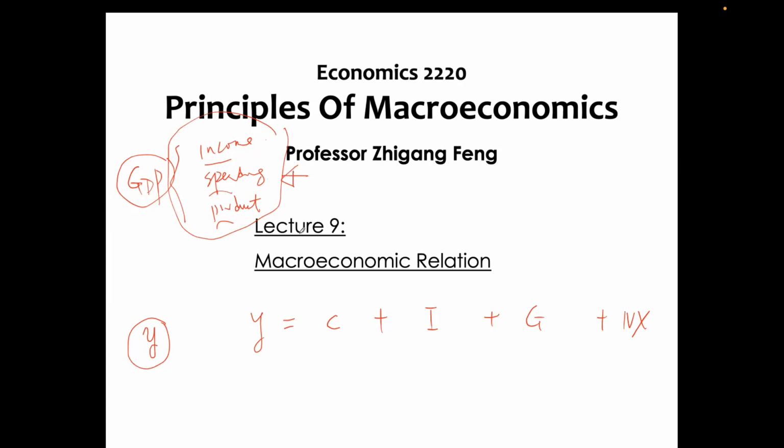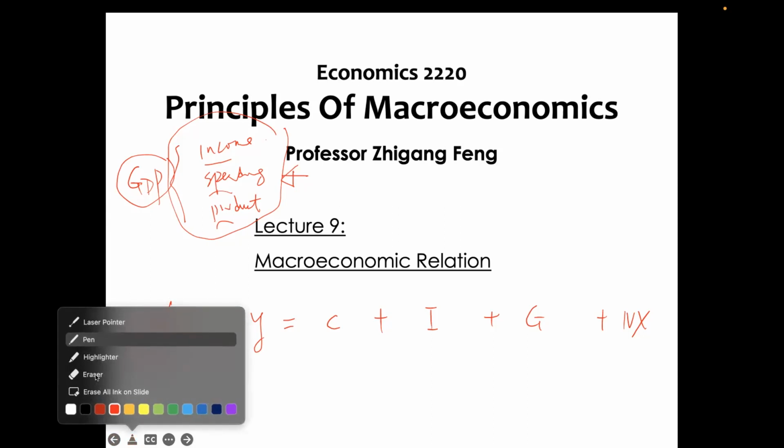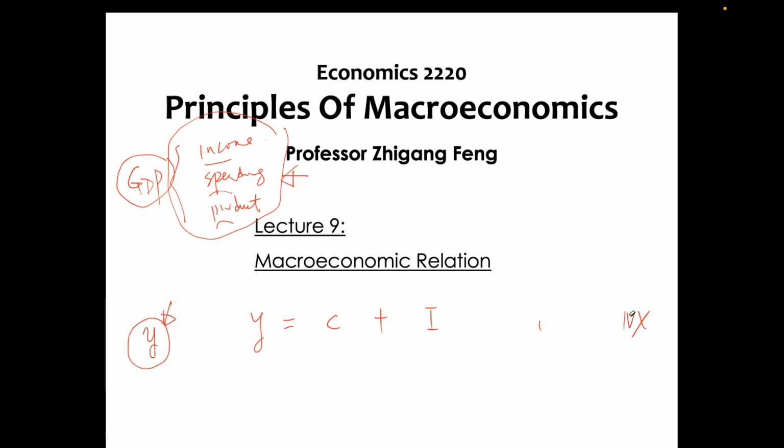Okay, so that's how we end up with this equation. For now, we are going to rely on this equation to understand what determines Y. We want to simplify the matter a little bit. When we start the discussion, I'm going to erase or ignore the last two terms. We're going to rely on this equation.